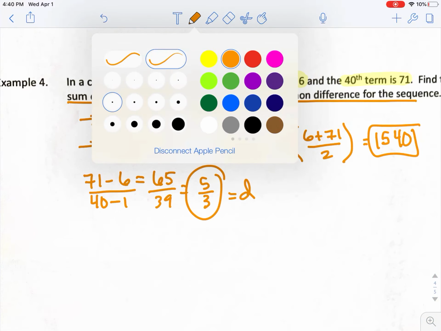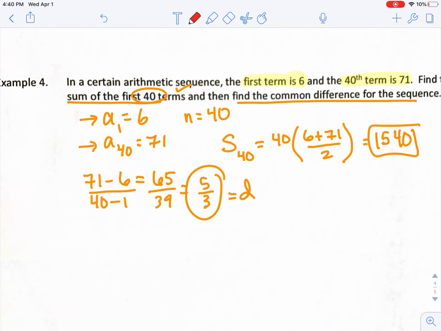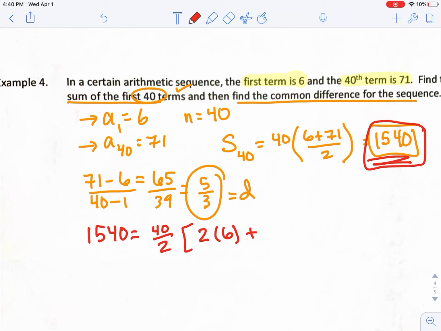There is another way to do it. There's always more than one way. I always have to show you lots of different ways. And that would be working backwards from this information that you just got. So if I know that the sum is 1540, I can now go back and use that first equation, which is n over 2 times 2 times A plus n minus 1 times d. And then I would just work backwards on this equation. It's a little longer, but it's not too bad to solve for d.